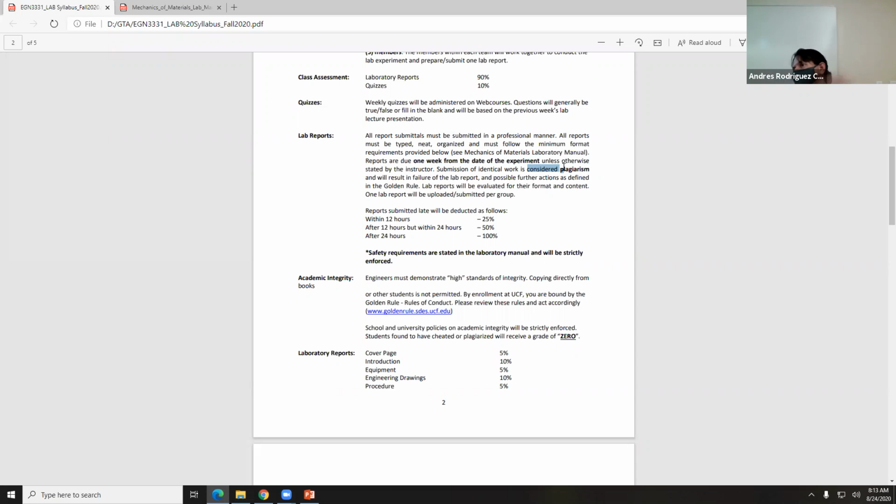As maybe you've known all this time, plagiarism is a very complicated situation. So try not to plagiarize, we are not going to tolerate that. Do your work by yourself, do your reports with your teamwork, but try not to copy the others or copy the homework of the other students, because that will be considered plagiarism.